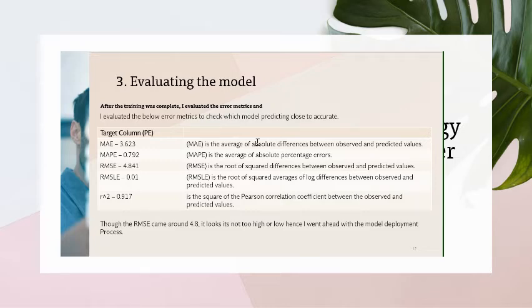All this helped in identifying which is the best model, and finally I decided to go with the RMSE because the result was not too high and not too low. So I went ahead with the model deployment process.